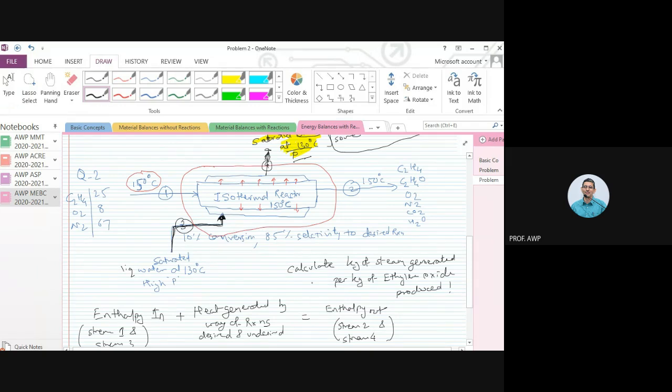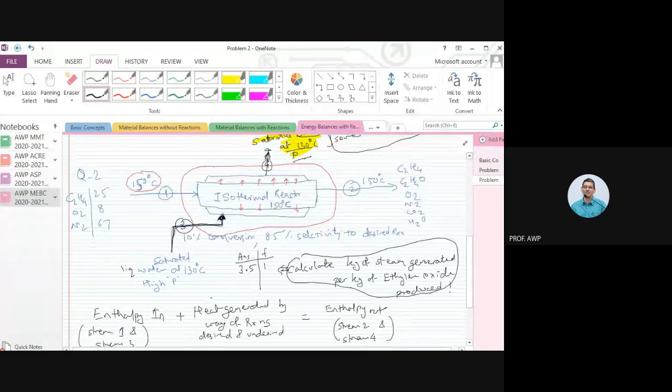So you see how steam can be produced when there are exothermic reactions happening in the plant. 3.5 kgs of steam.